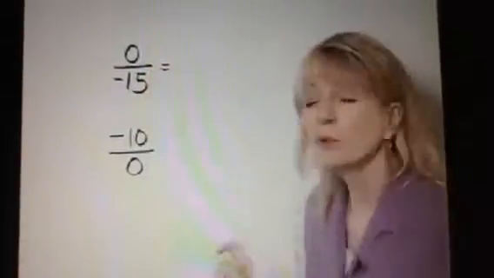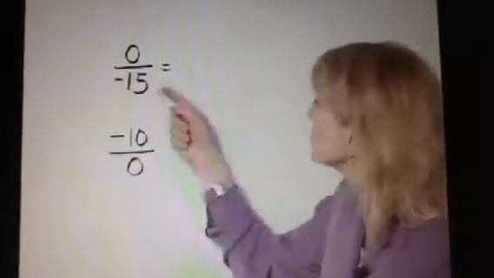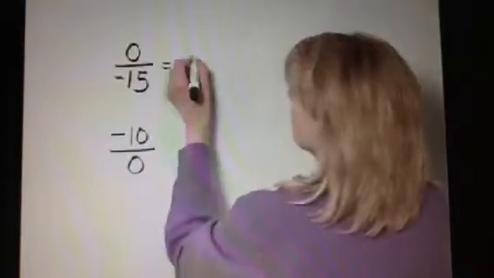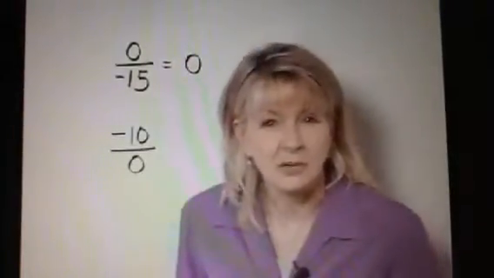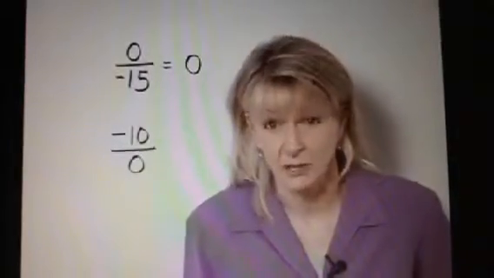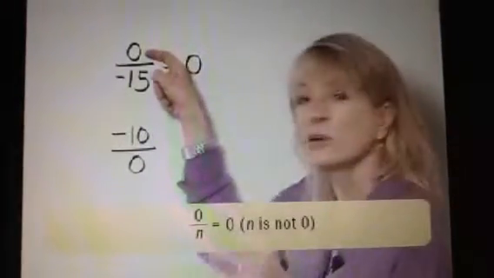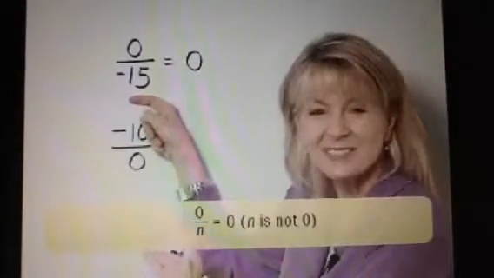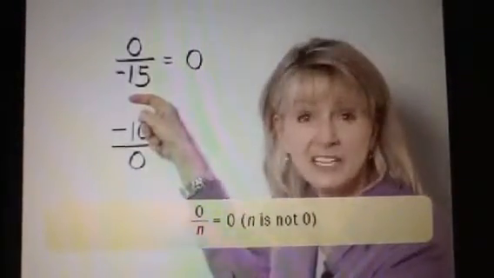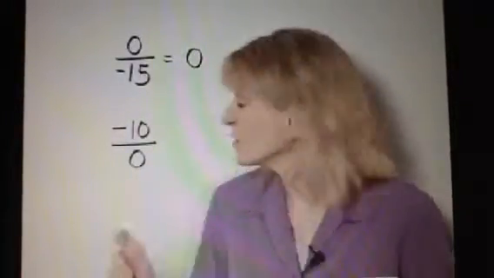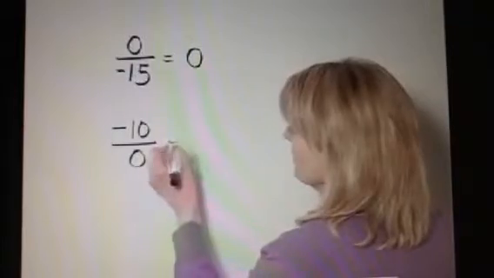If you have trouble remembering what number times negative 15 gives a result of 0, well, the only number for that to be true is 0. 0 times negative 15 is 0. So when 0 is in the numerator and there is any number except 0 in the denominator, including negative integers, the result is 0.